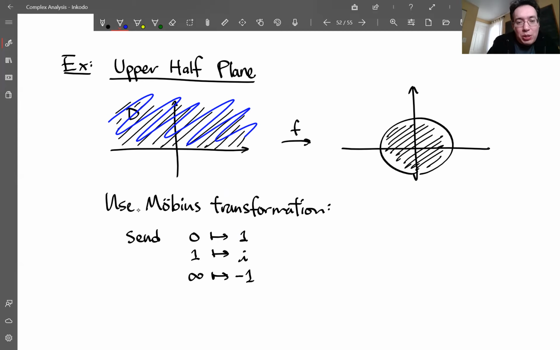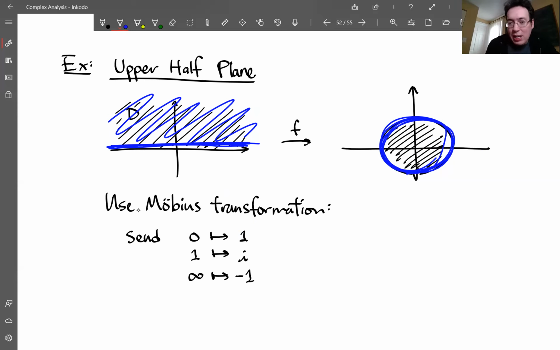Because we know with a Mobius transformation, we can map this line, the real axis, which is the boundary, into the unit circle, on the boundary of this disk, in such a way that the upper half plane maps to the inside of that disk.